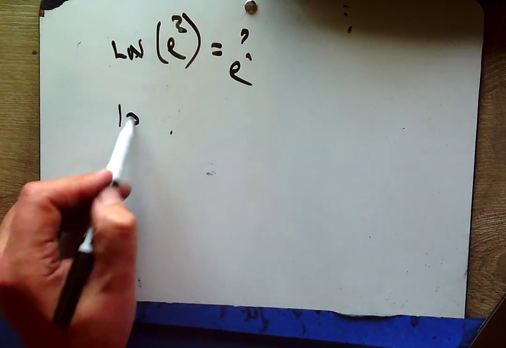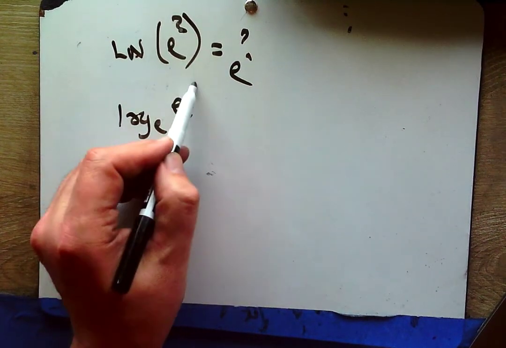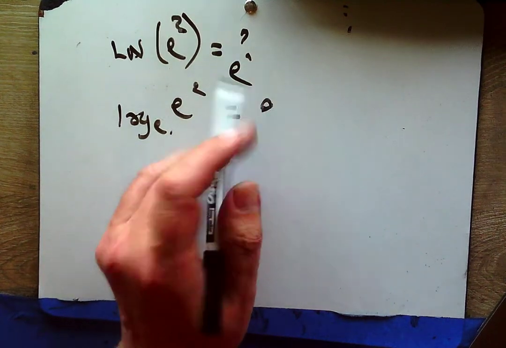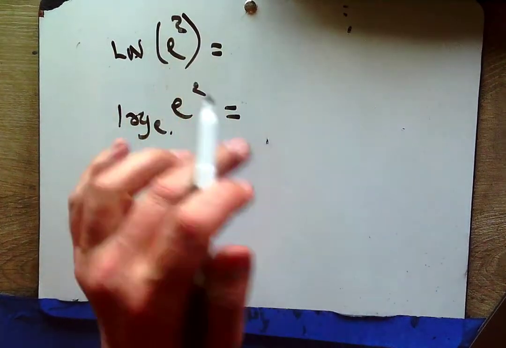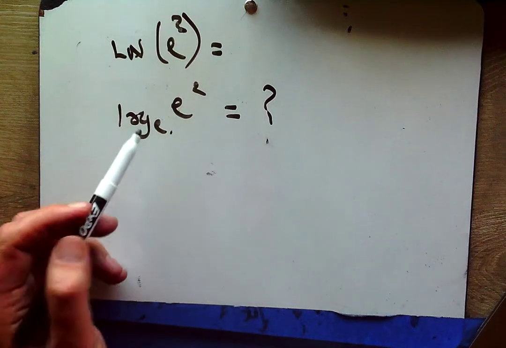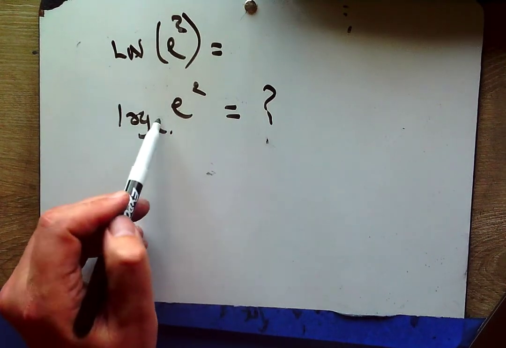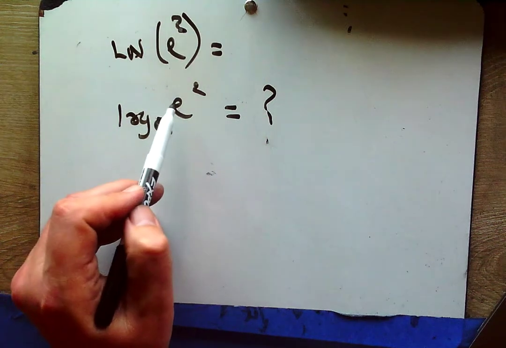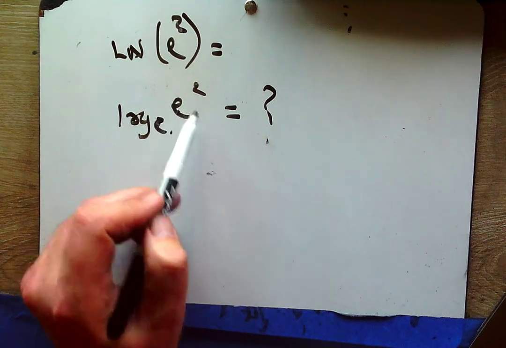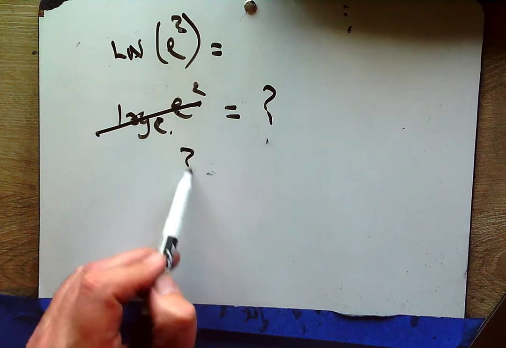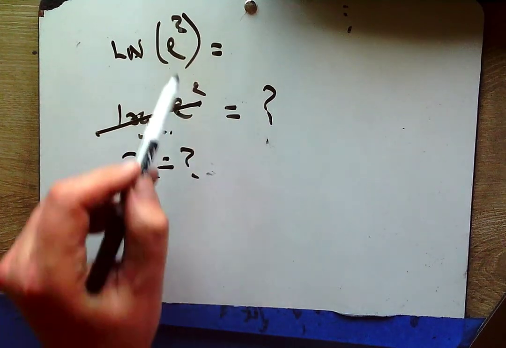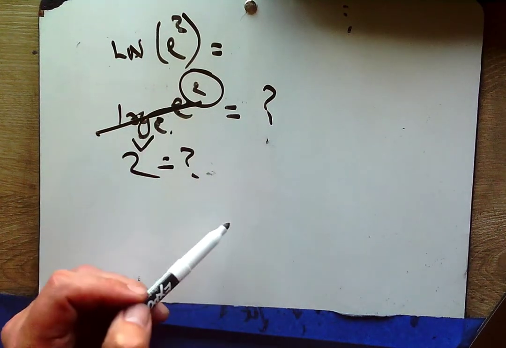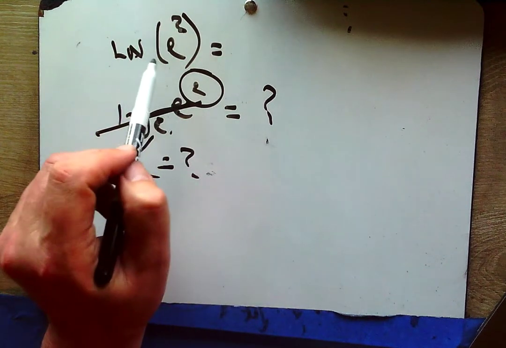This is the same as log base e of e squared equals, I don't know what. Now what I'm saying here is, I don't even have to exponentiate. I already have log base e of e to the power of; these are inverses and undo each other. Just left with that 2. This is going to be 2.